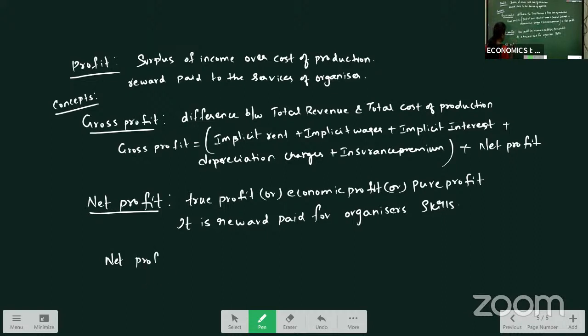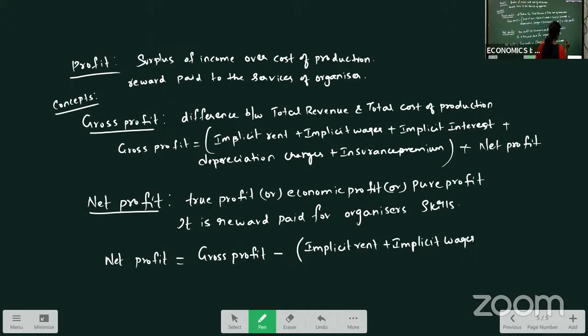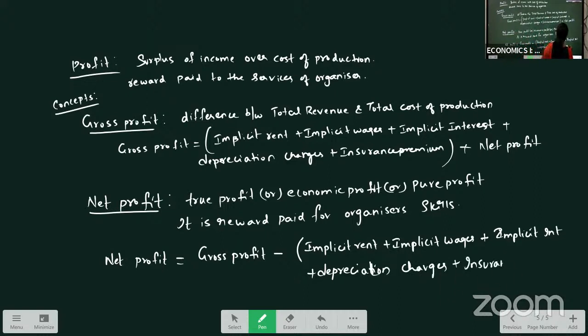So, net profit is equal to, already we have the gross profit, minus all these factors, that is implicit rent plus implicit wages plus implicit interest plus depreciation charges plus insurance premium.